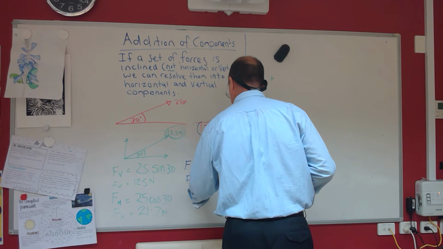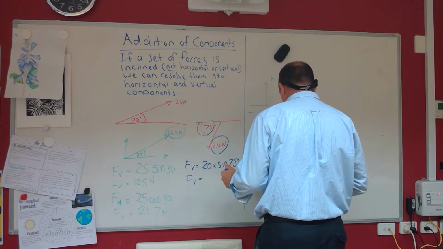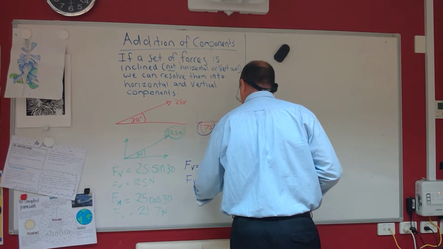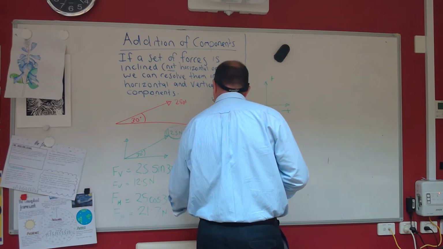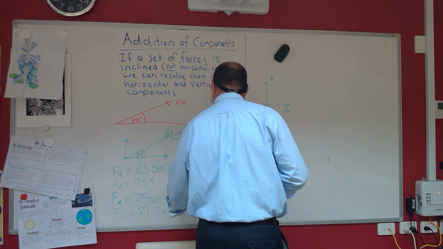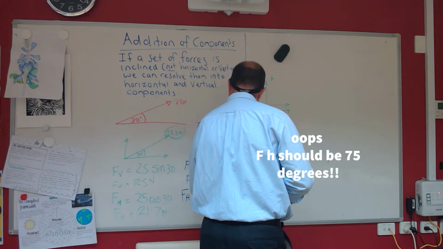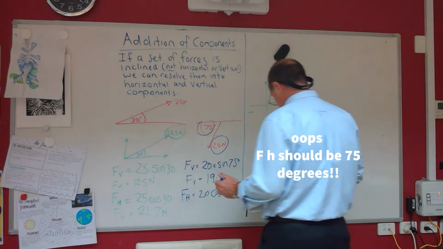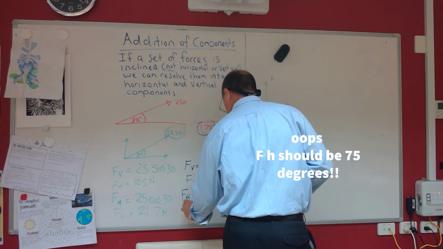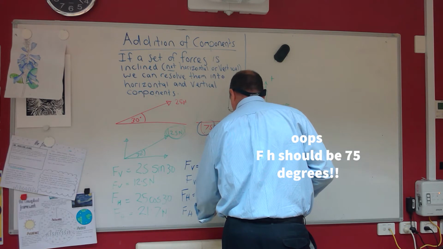So force vertical is going to be equal to 19.3, and force horizontal is equal to 20 times cos 75 degrees, and that gives us a result of force horizontal is equal to 5.2 newtons approximately.